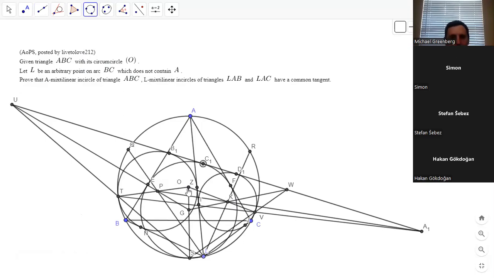C1, let's say C1 O G. Is C1 O G? No. C1 ZIK cyclic. Well, then C1 Z. No, that's a coincidence.